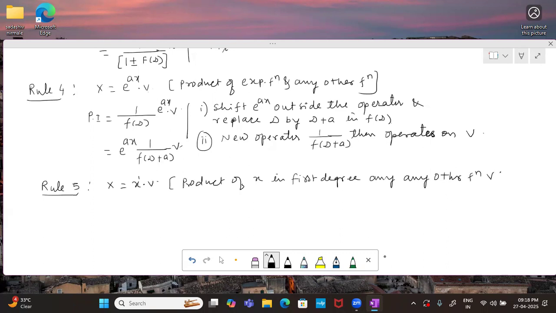So the rule is PI is equal to 1 upon f of D operating on x into v.